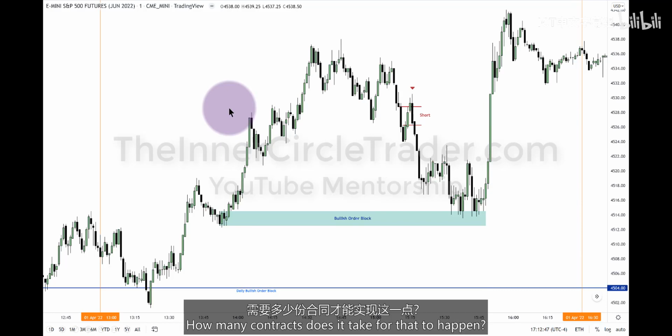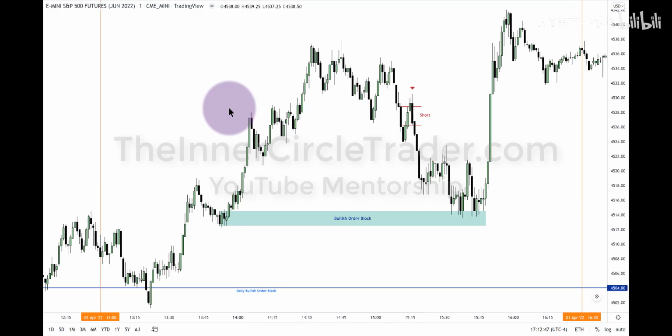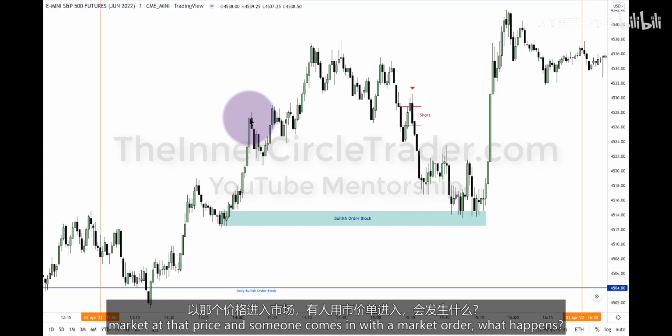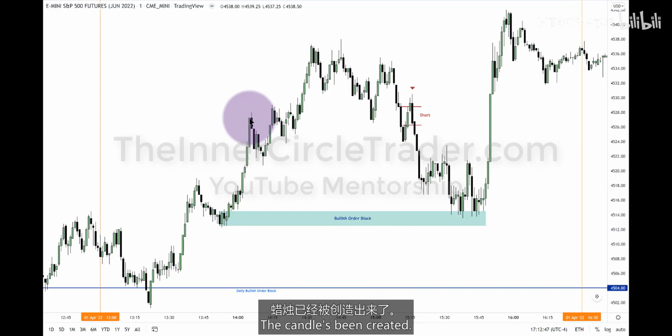Tell me, how many contracts does it take for that to happen? It only needs two transactions. Two transactions, one here, and when it gaps up here and reprices to that price point and offers it to the market at that price and someone comes in with a market order, what happens? Boom. The candle has been created. Two trades. How many contracts? It doesn't make a difference. You only need a transaction.